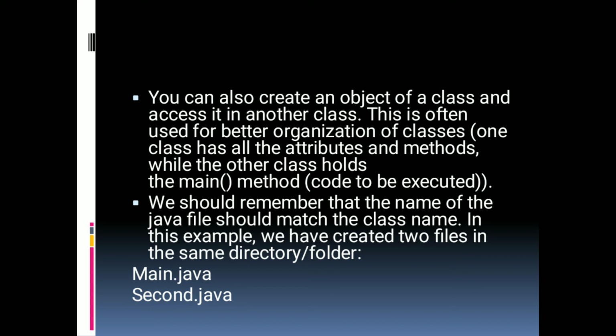In Java, one class has all the attributes and methods, while the other class holds the main method, that is, the code to be executed.